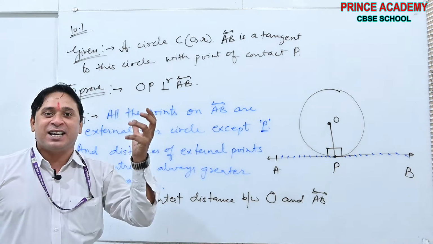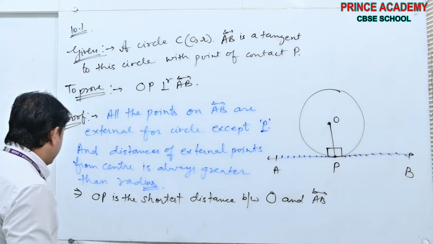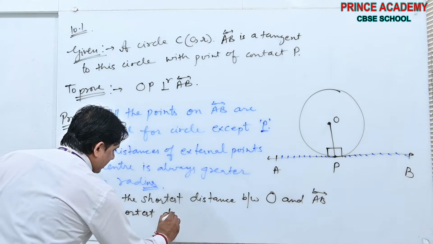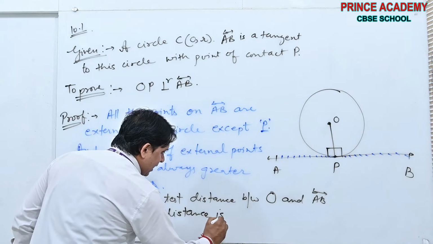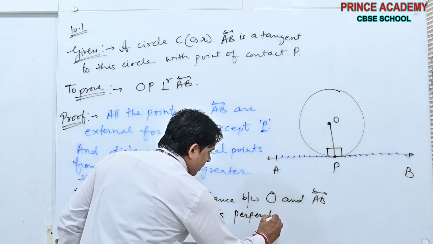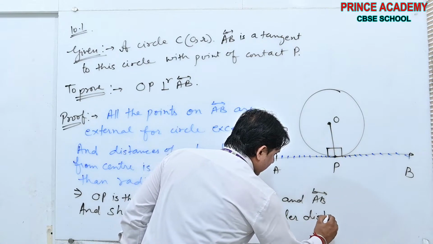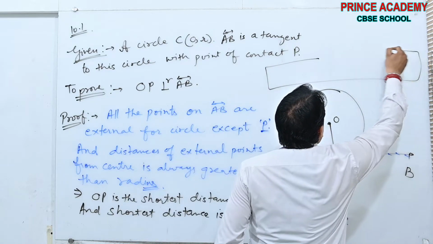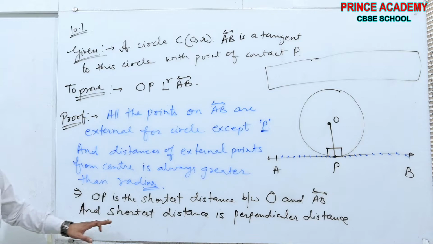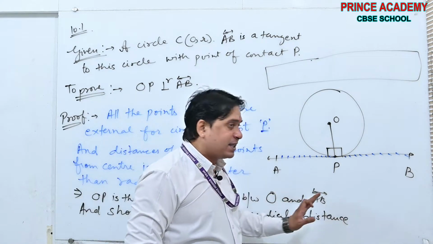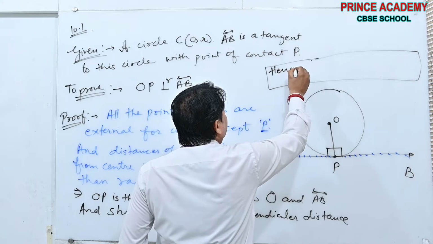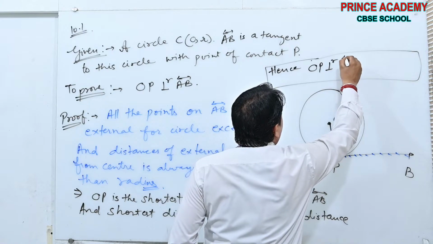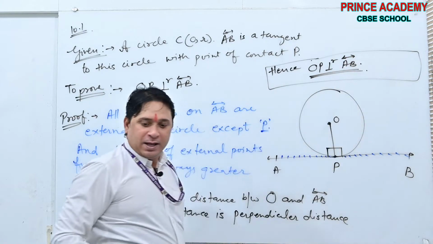Shortest distance is always perpendicular distance. Can I write now? I am summing up here. Okay beta? And shortest distance is perpendicular distance. Hence we can say that OP is perpendicular to AB. Yes or no? Got my point beta?